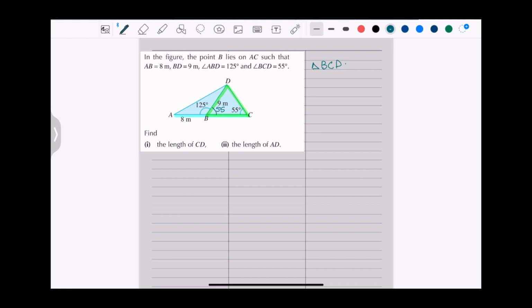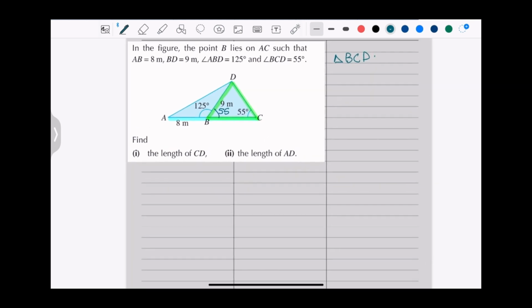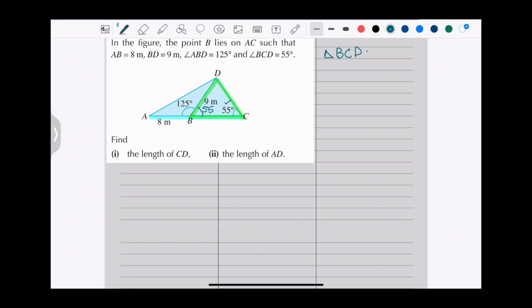Now, as you could see, both the angles are equal, hence this side is equal to 9 meters as well. It's an isosceles triangle, so CD is equal to 9 because both the angles are the same.